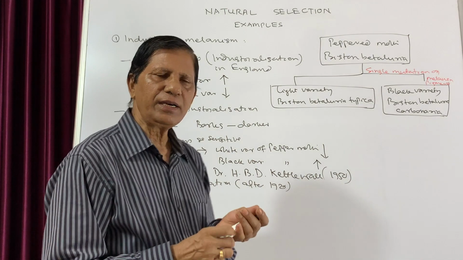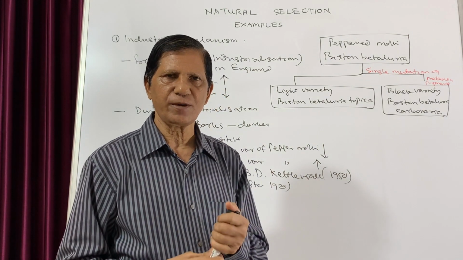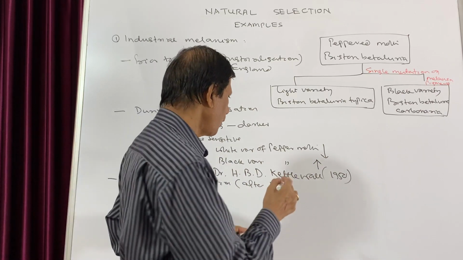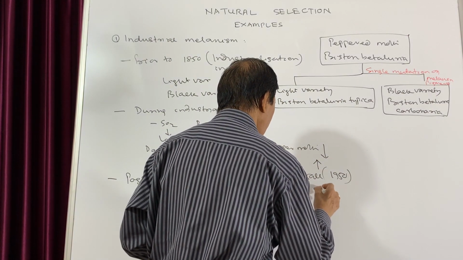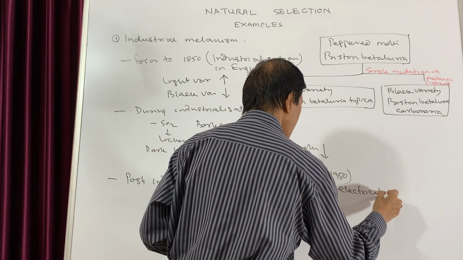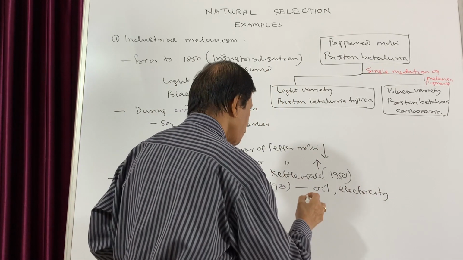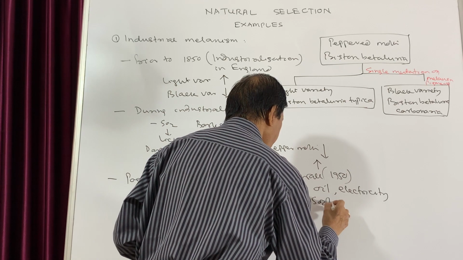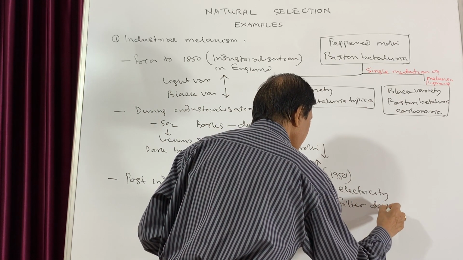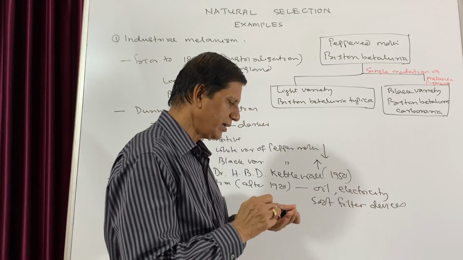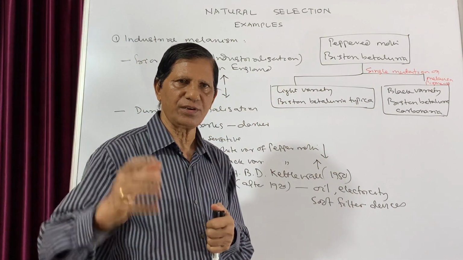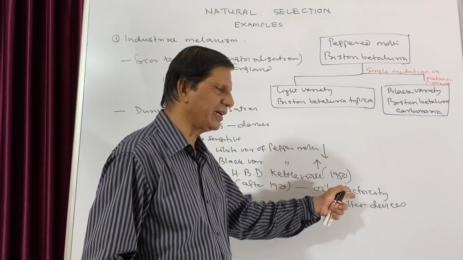Due to development in science, the use of coal decreased and coal was replaced by oil and electricity, and soot filter devices were applied. That means the soot was not released.